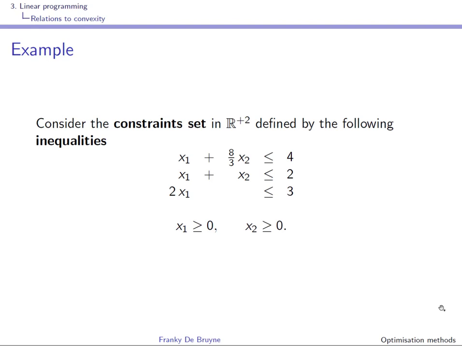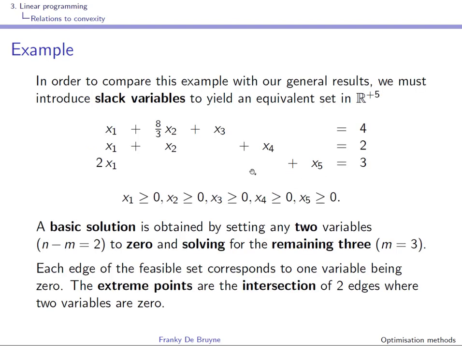So this will produce 3 equations with 5 unknowns, 2 operational variables and 3 slack variables. And indeed this is what we obtain: 3 equations, 5 variables, and a basic solution is obtained by setting n minus m, that is 5 minus 3, equal to 2 variables to 0.